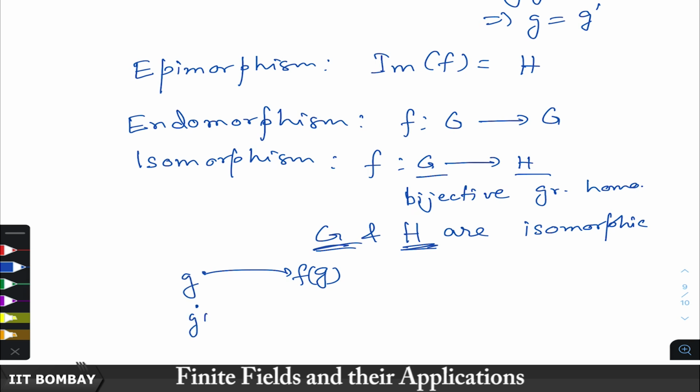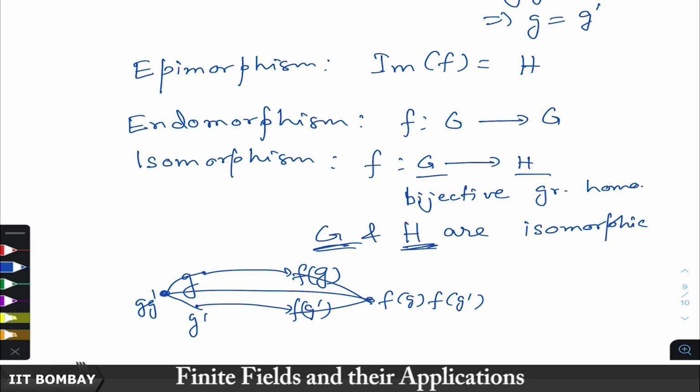So the group homomorphism f is not just any one to one correspondence, but it is a bijective group homomorphism. So g' goes to f(g'), and if g and g' have the operation g g', its image will be the operation between these two, f(g) f(g'). Okay.